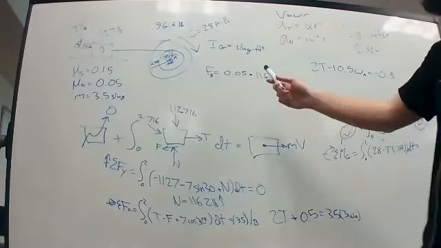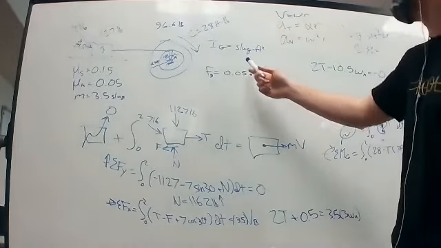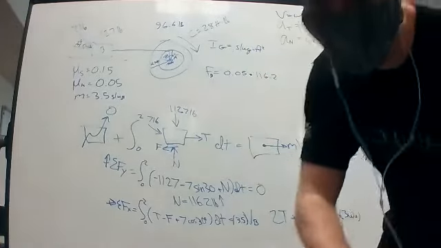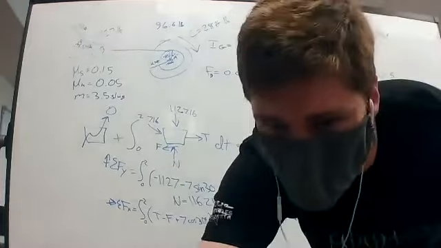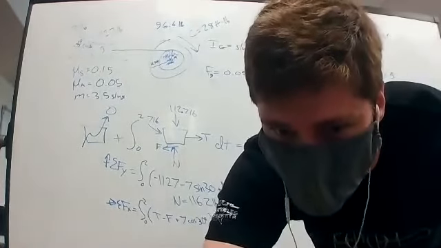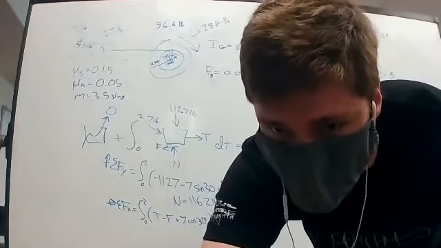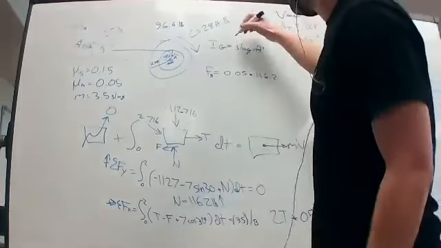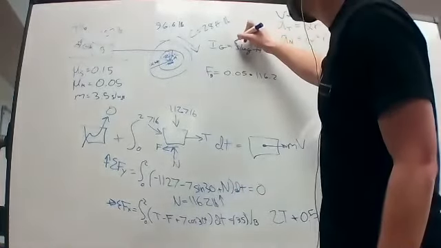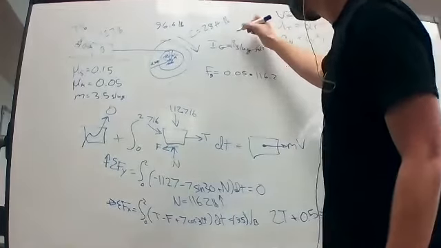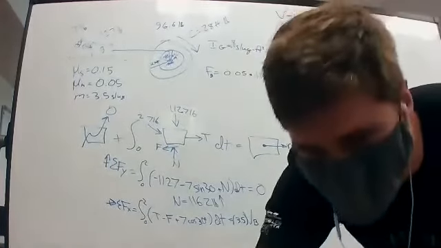We know what IG is. I didn't write the number down. This is 18. I just wrote slug feet squared.